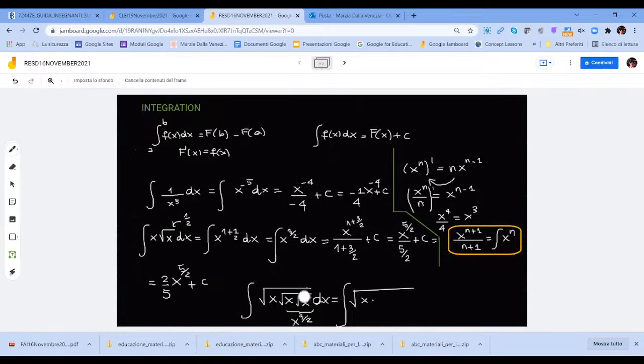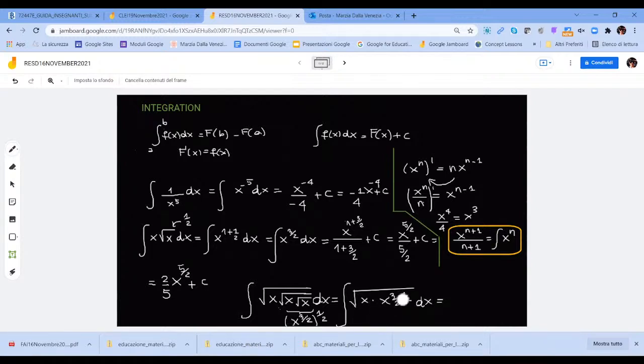But x to 3/2 means that if we apply another square root, it is x to 3/2, then raised to the power of 1/2. Okay? So this is the power of 1/2. That means we have to multiply 3/2 times 1/2. So now we have everything under the first big square root.